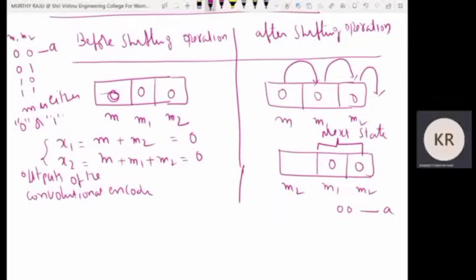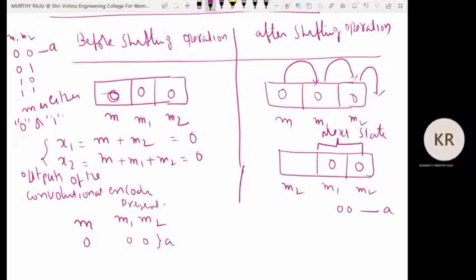Therefore, here M is equal to 0, M1, M2, present state is A. This is the present state.